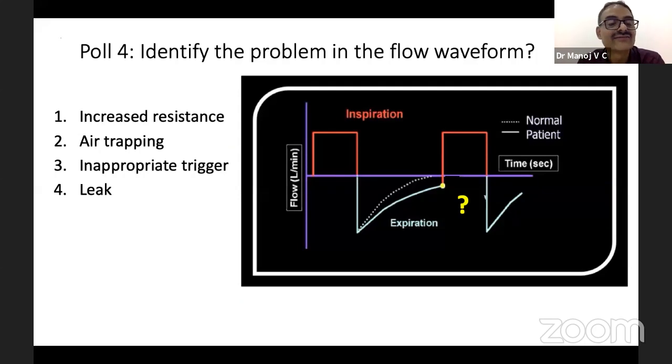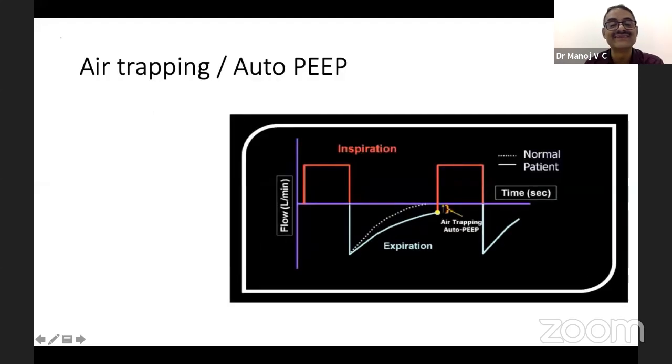Is it increased resistance, air trapping, inappropriate trigger, or leak? Great. So that means the concept of air trapping is very, very clear, and this is what I was explaining previously. This is the auto PEEP.